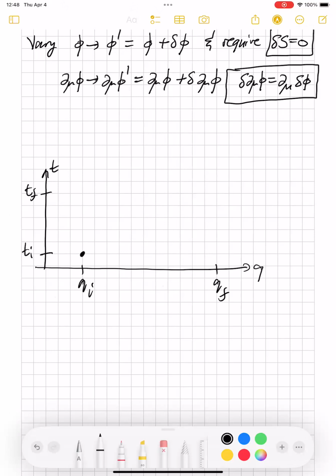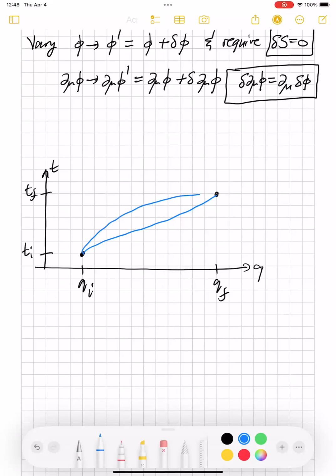So the particle started from position q_i at time t_i, and it landed up at position q_f at time t_f. And then we said, well, the path is going to be some path between these two.